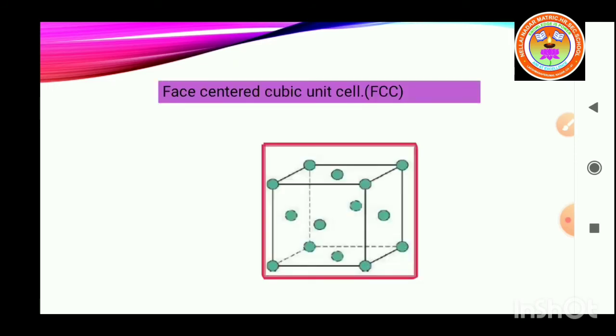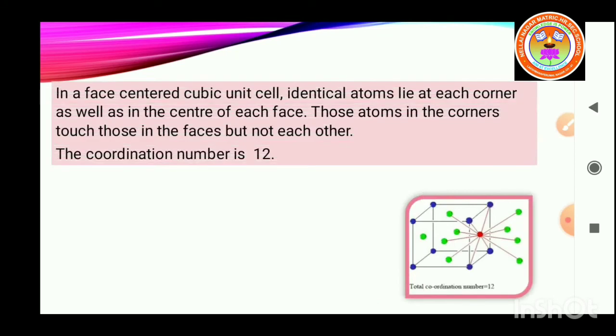See the diagram? Those atoms in the corners touch those in the faces, but not each other. That's why the coordination number in FCC is 12.